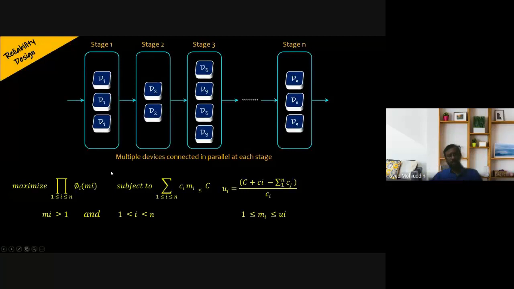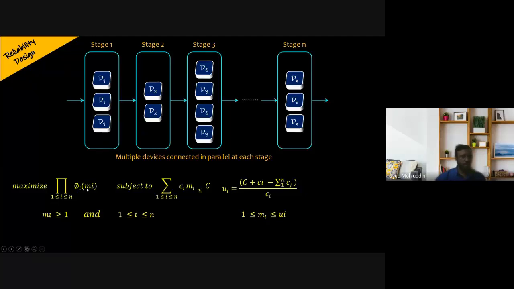Now we have some formulas here, just like the knapsack problem, to find the reliability. Phi is considered as the reliability. So reliability is nothing but the product of the reliability of device Mi, where i is from 1 to n.